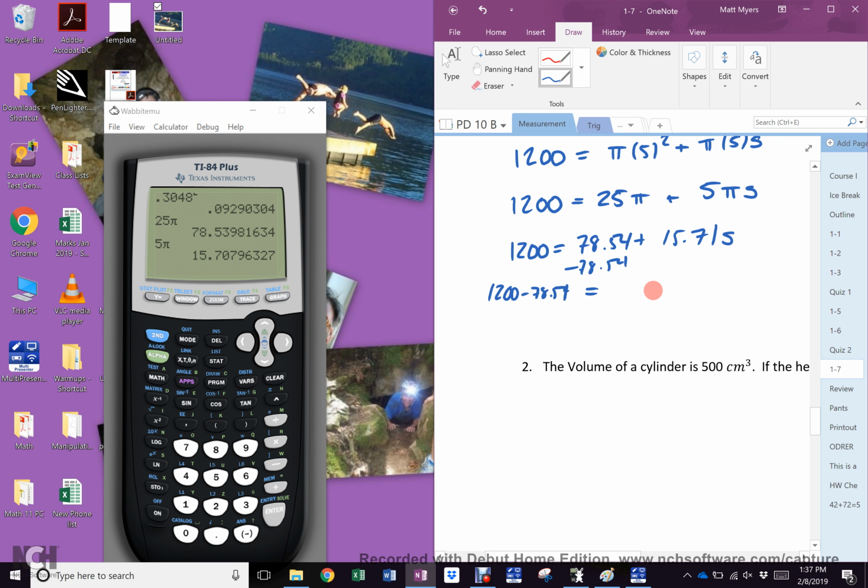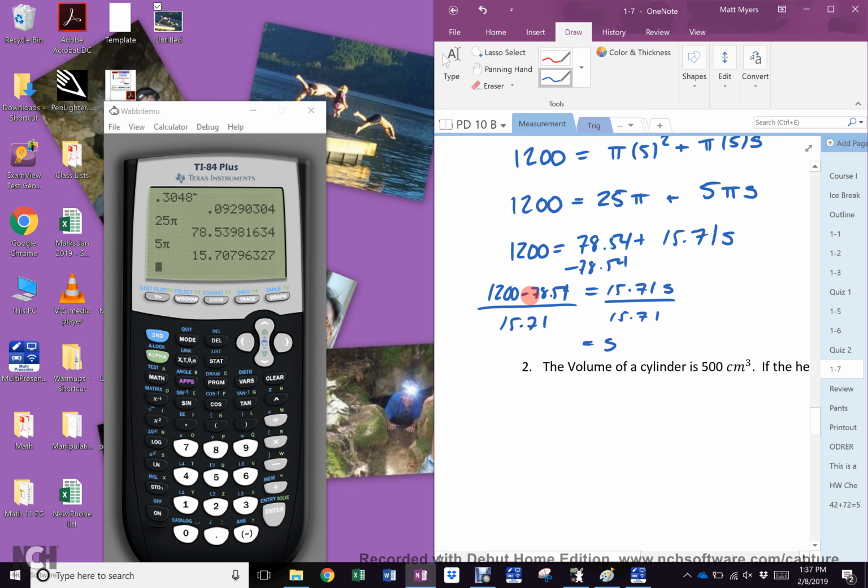What does that equal now? Don't do that yet. 15.71 s, correct? How do I get rid of that 15.71? I divide it by 15.71, so what do I need to do over here? Now, you can get s equals all that.